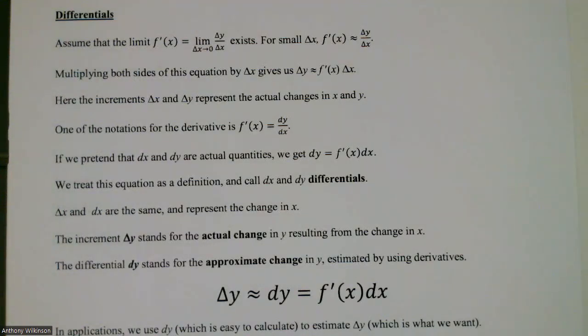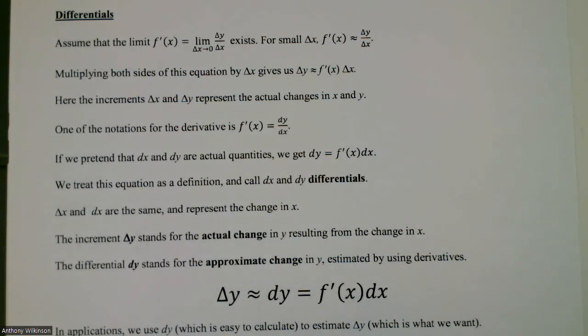All right, next we'll look at differentials. Assume that the limit f prime of x is equal to the limit as delta x approaches 0 of the change in y divided by the change in x exists. For a small delta x, f prime of x will be approximately the change in y divided by the change in x.